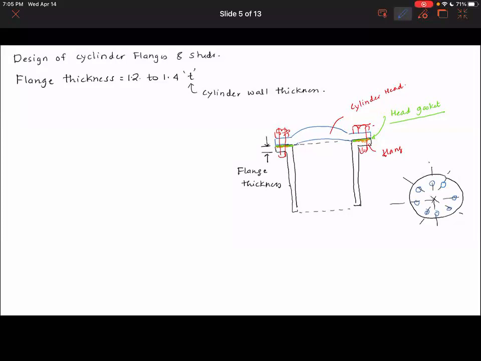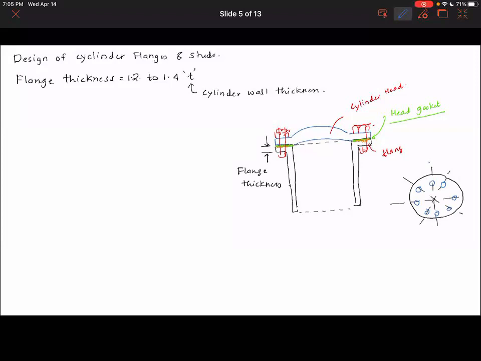And the number of studs, or bolts, are dependent on the cylinder diameter and the bore.